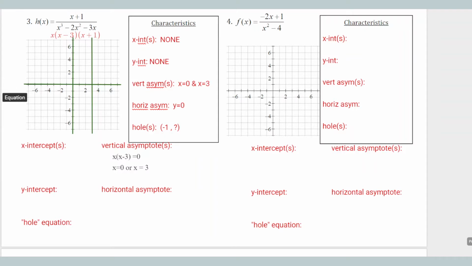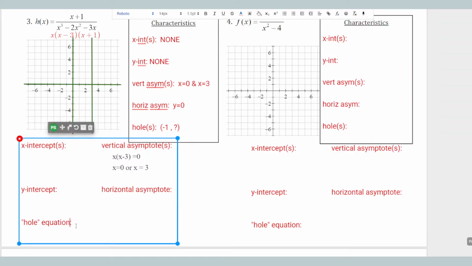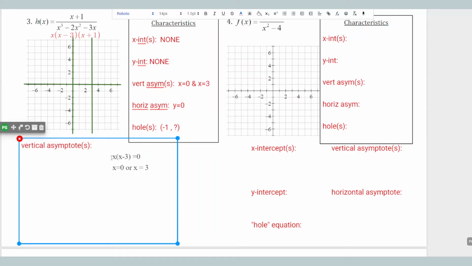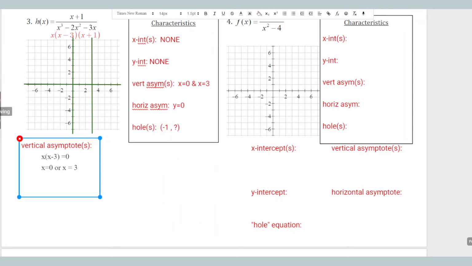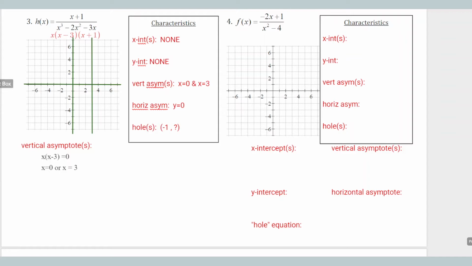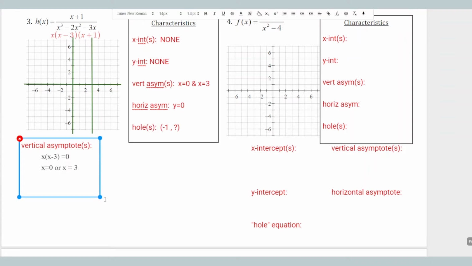So what we need to do, since we don't have any clues to figure out whether the graph is above or below this horizontal asymptote, we're going to create a number line here and pick our representatives and go from there. And that's what you need to do if you don't have any clues.